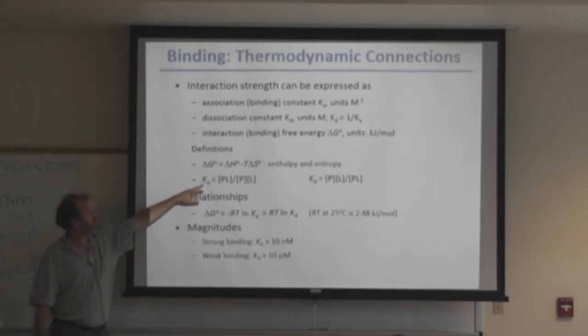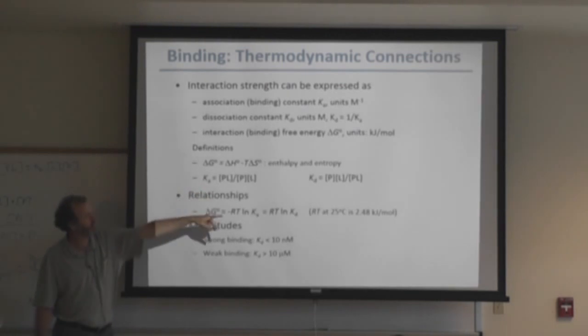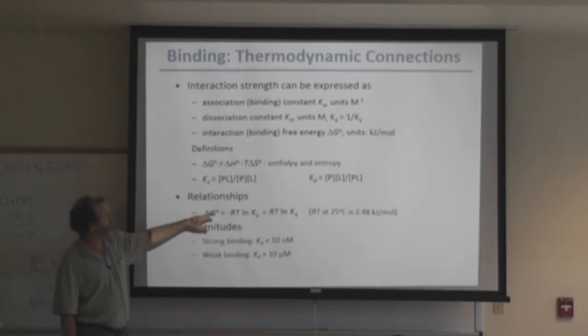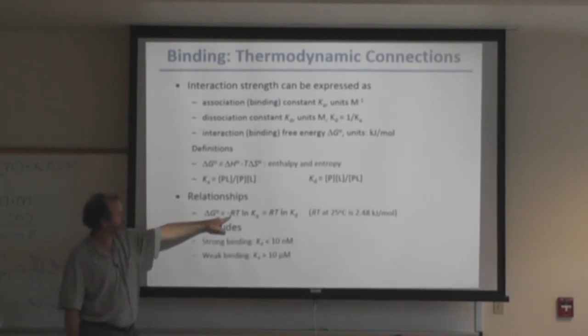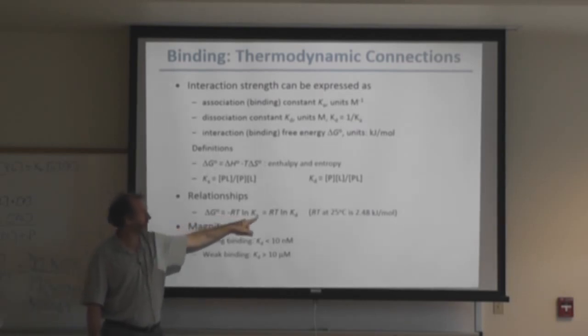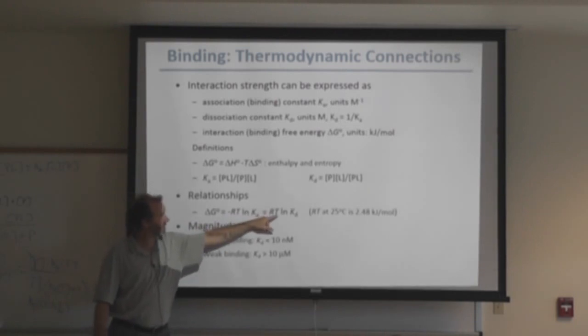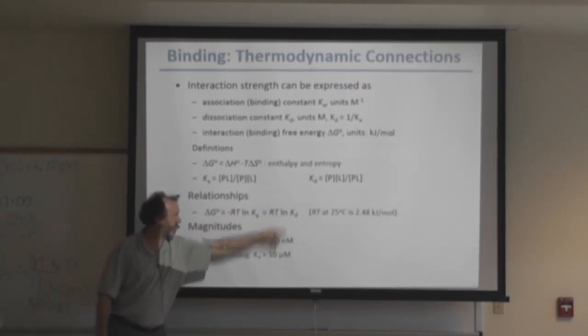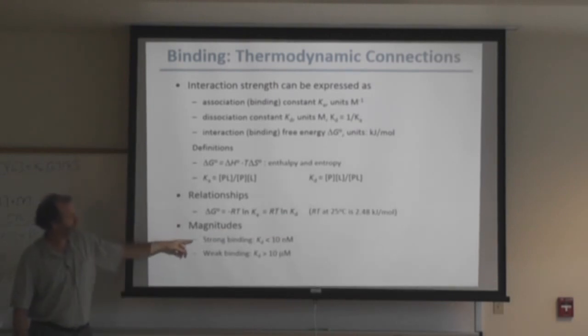And the relationship between free energy and the Ka can be written like this: free energy change equals negative RT times the natural log of Ka, or RT times the natural log of Kd.